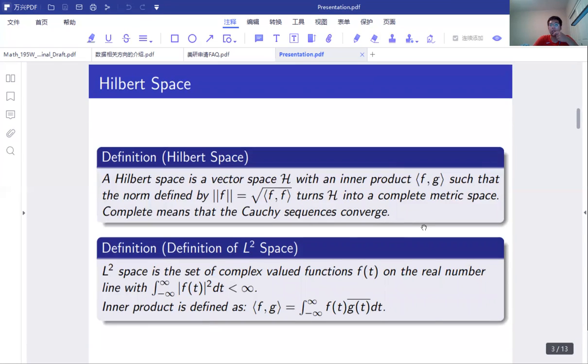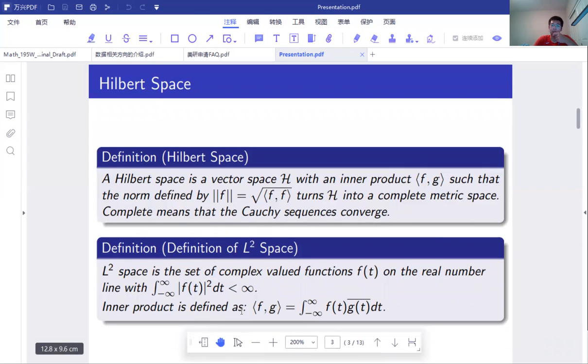Now we'll go to another special kind of Hilbert space. It's called L2 space. L2 space is a set of complex valued functions on the real number line for which the integral on the real number line of the square of the norm of f converges. It's literally a set of functions that satisfies this property.